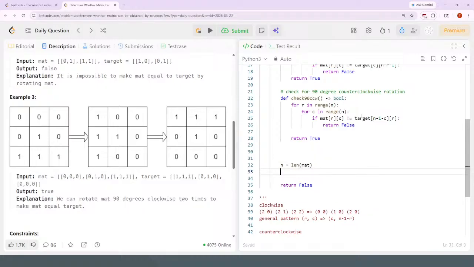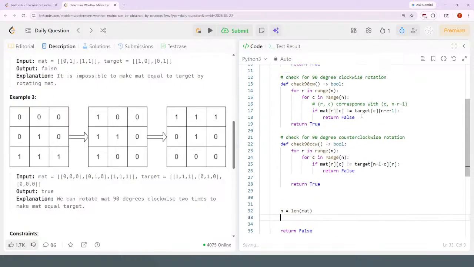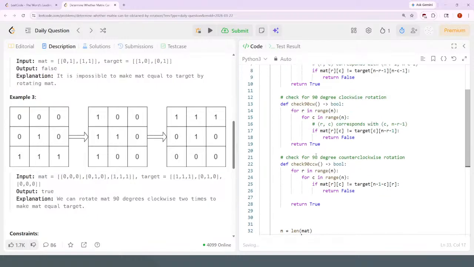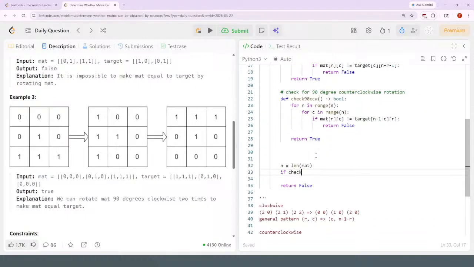Okay, and then it needs to return, if any of these things return true, then immediately return true. I guess I can just do an OR, right?